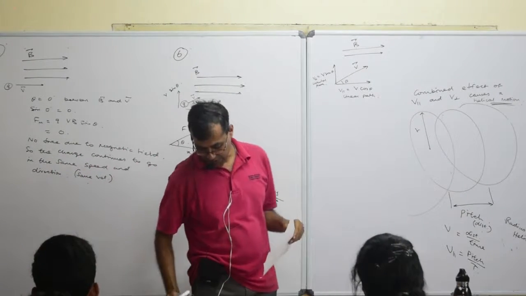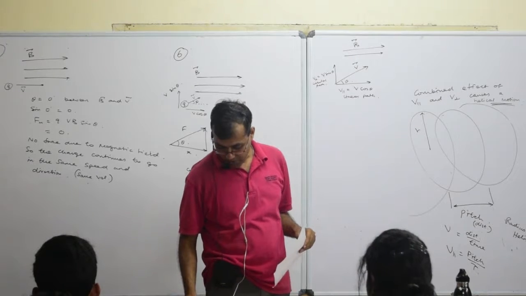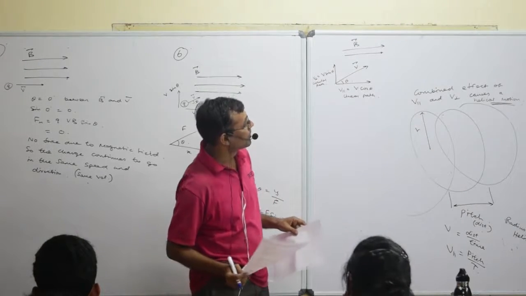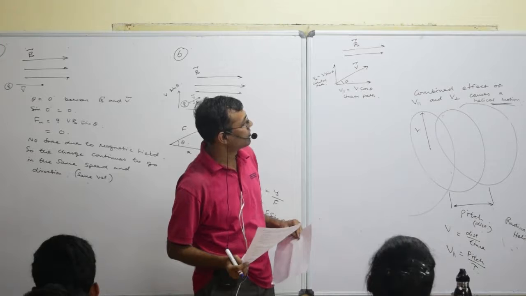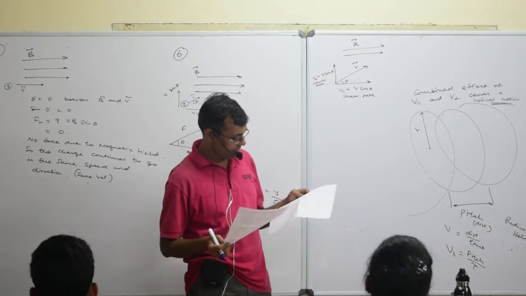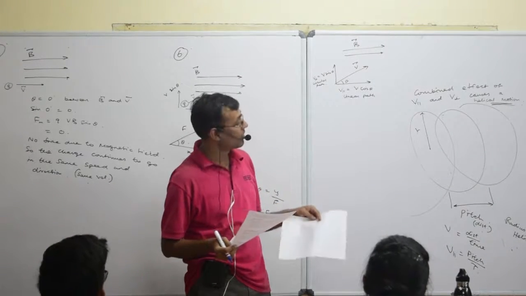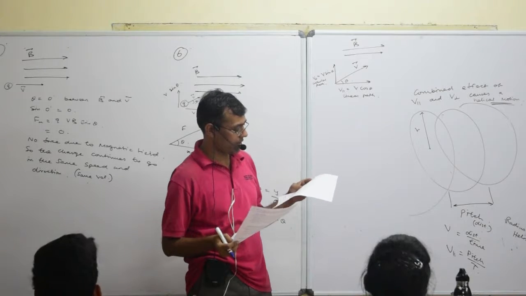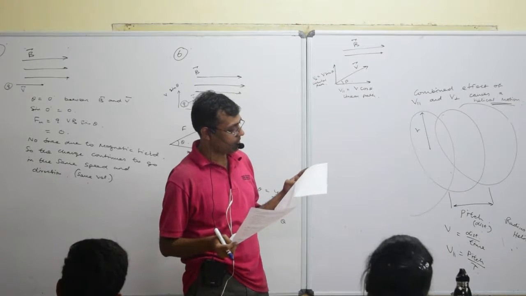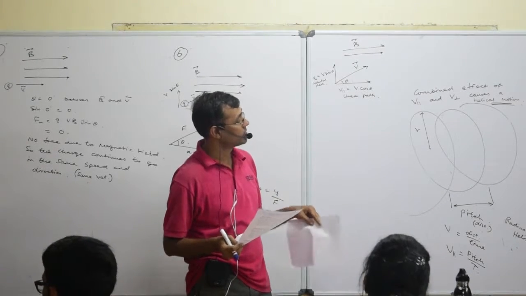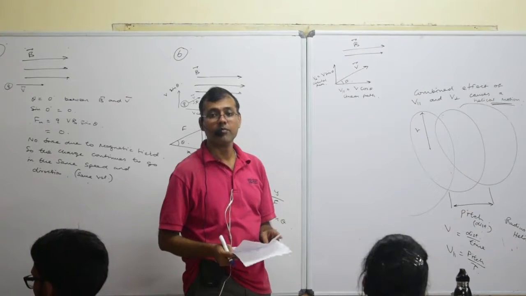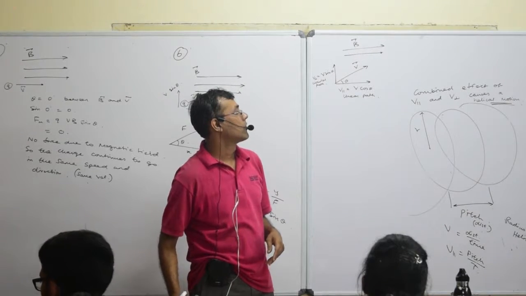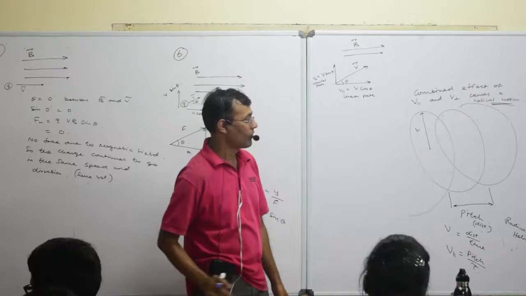So let's see if you answered that question. It says derive the pitch and time period. Time period is the same as 2 pi m by qB. We didn't derive it separately, but it's the same thing we have done earlier. So if they ask you to derive the time period, it's the same thing you have done earlier.